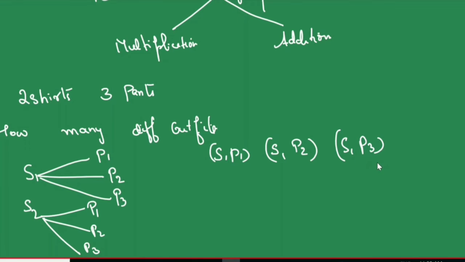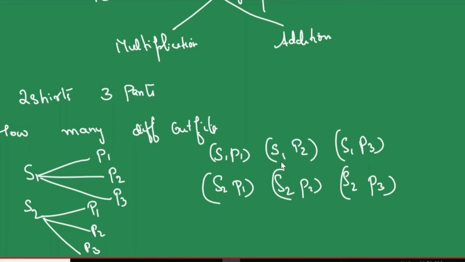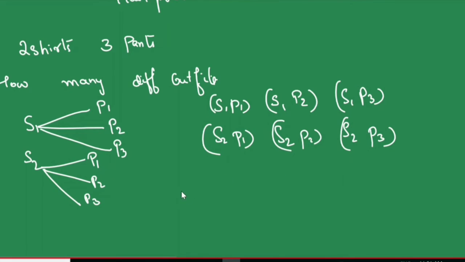Shirt 1 and pant 3. That is one outfit. Similarly, you can have S2 and P1, S2 and P2, S2 and P3. There are 6 choices.